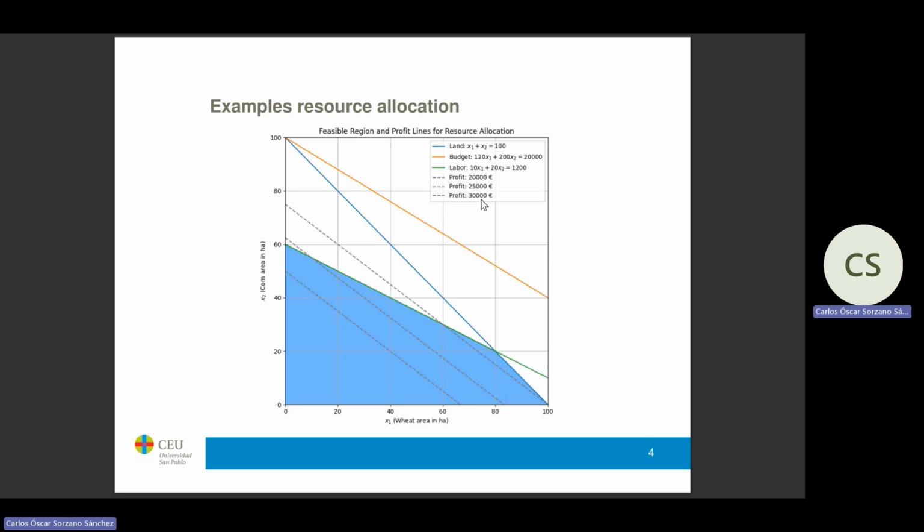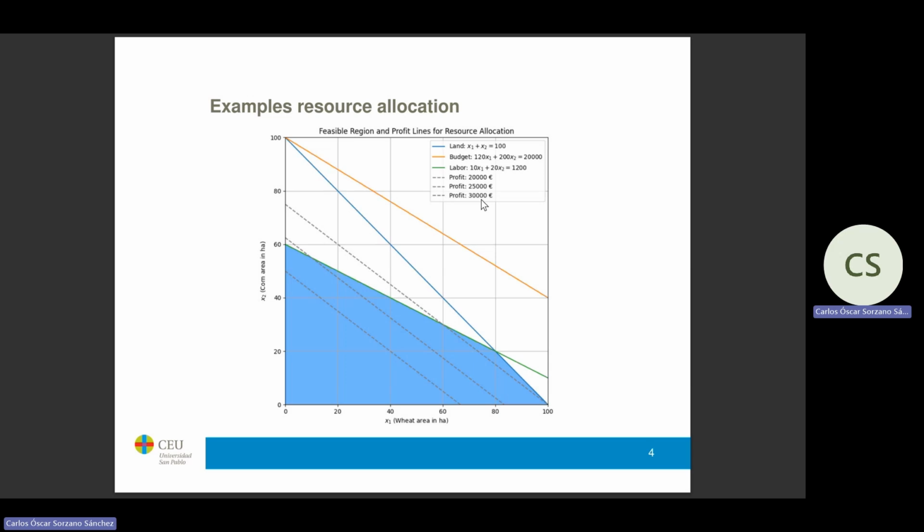And they have to be larger or equal to zero, so they have to be in this axis upwards. Okay, so if you compute the intersection of all those areas, the intersection area is this blue region.